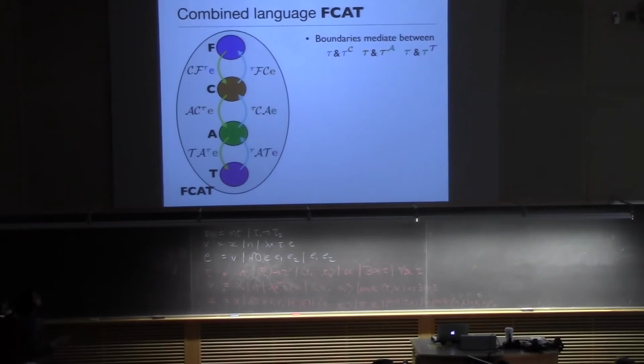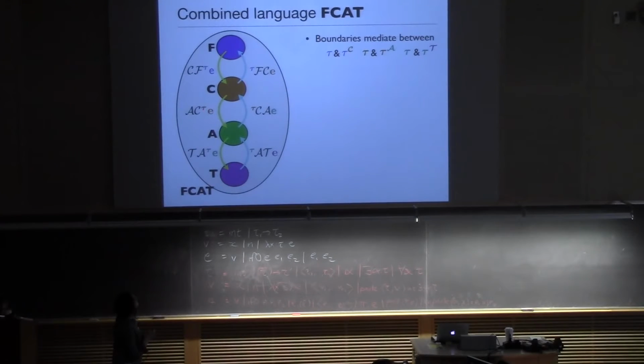And then what we do is we define these boundaries, right? So here's where the types are. I hadn't mentioned this before, but these boundaries always mediate between something that is a type tau on one side, and what you get out of this wrapped thing will be something of translation type, tau plus. So these two boundaries mediate between tau and tau C translations, to the next layer.